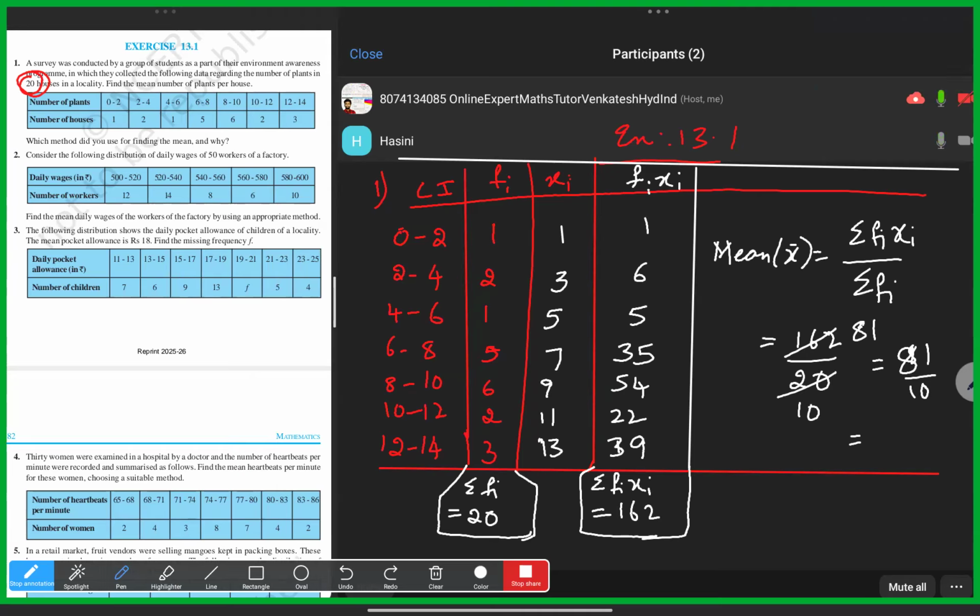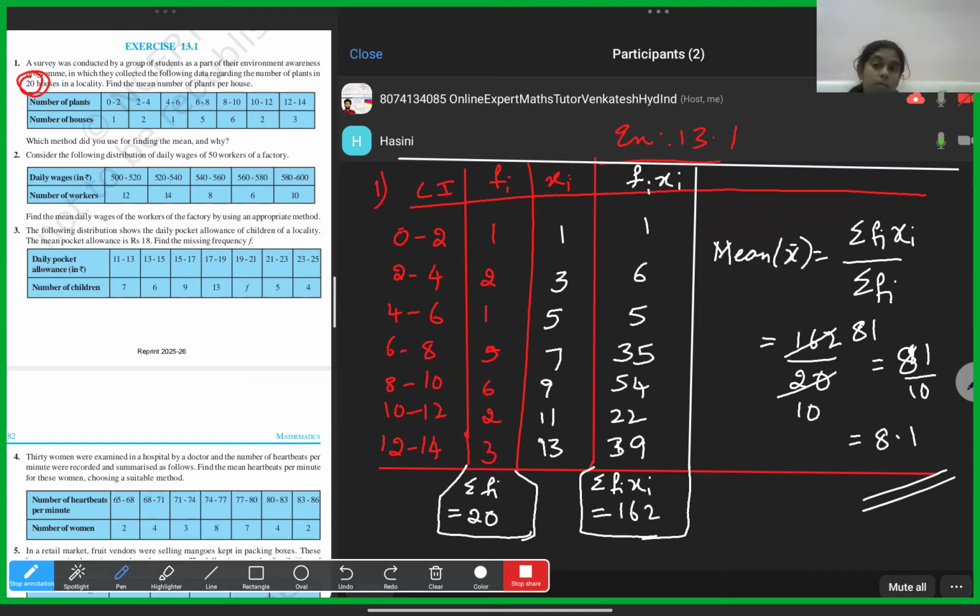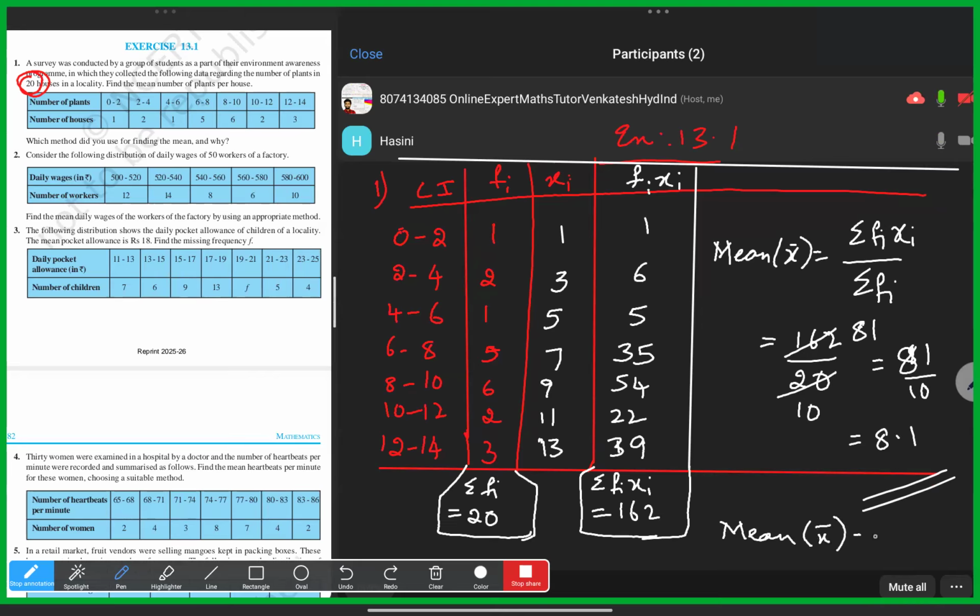Sir, it's 8.1. Yes. So on an average, in every house, at least 8 plants are there. That is the meaning. Oh, okay, sir. Mean finally we got as 8.1.